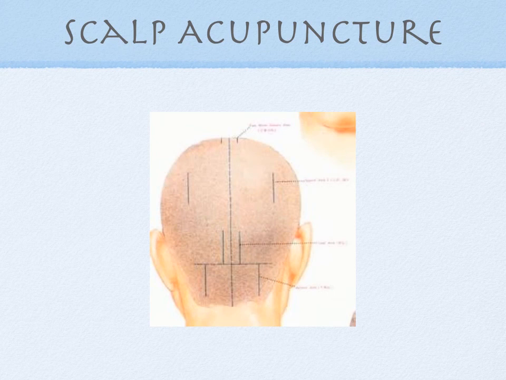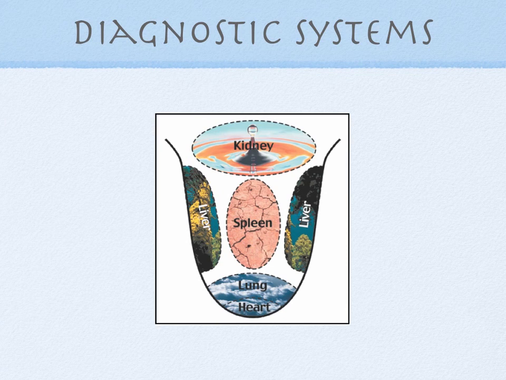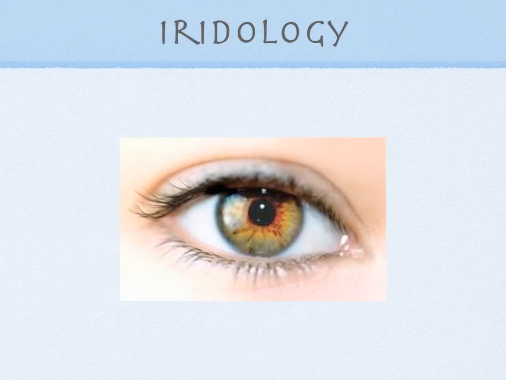All acupuncturists learn scalp acupuncture in school, and all acupuncturists learn the diagnostic reflex system of tongue diagnosis, where the organs can be evaluated by looking at the qualities and textures and colors of the tongue. Even iridology is a reflex system, but a diagnostic one, where a practitioner can determine imbalances by looking at the iris of the eye.